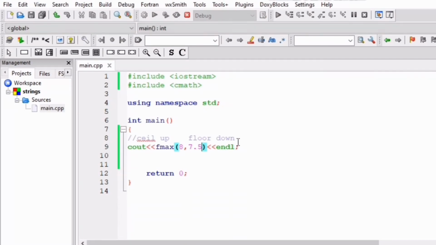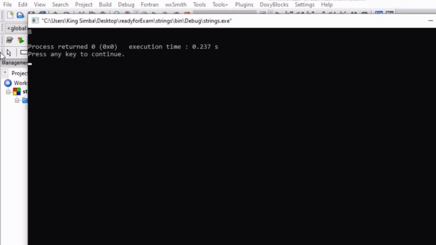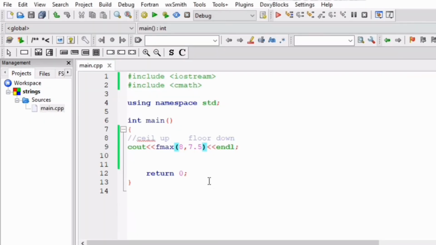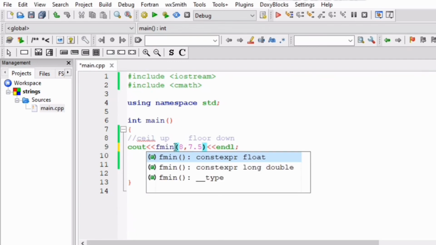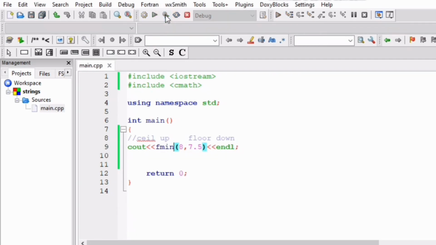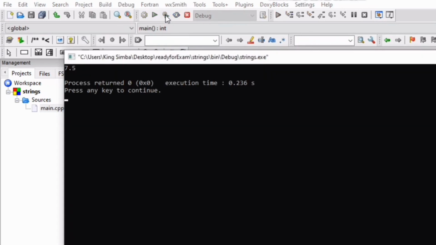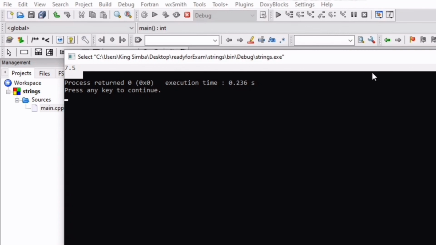It's not going to round off to the nearest and say 8 and 8 are the same. No. So the maximum is 8. If you want to find the minimum, you just write min. If you run our program, you'll see the minimum is 7.5. Between 8 and 7.5, the min is 7.5. Even if you write 7.999, the answer is 7.99.